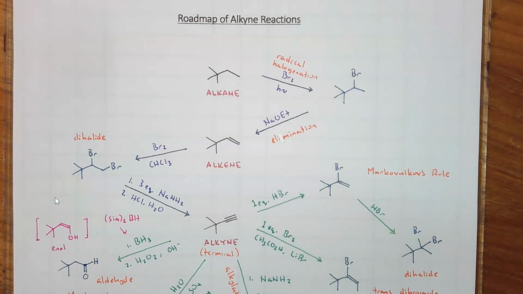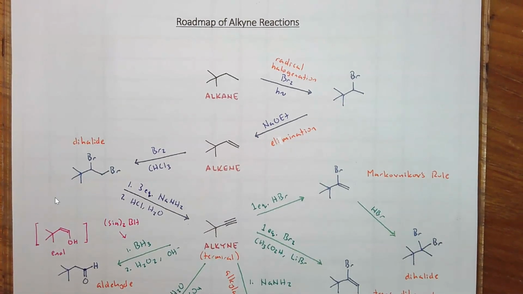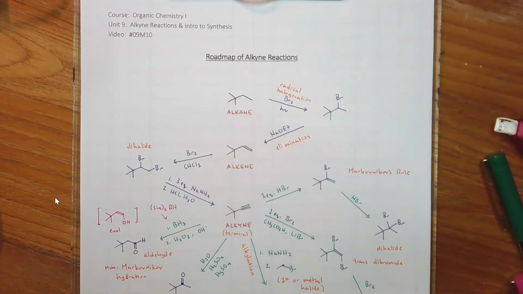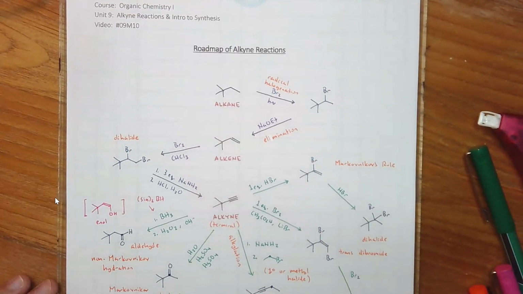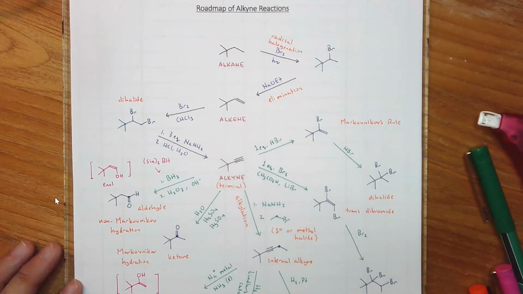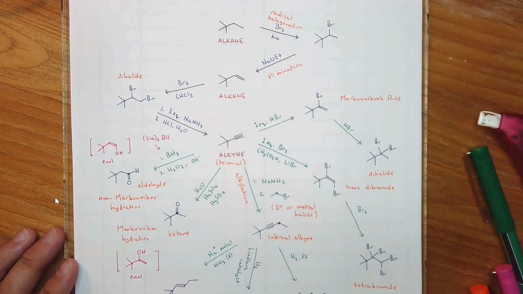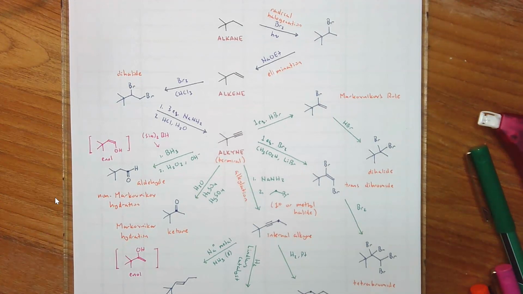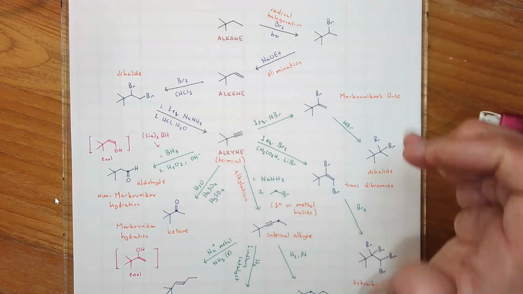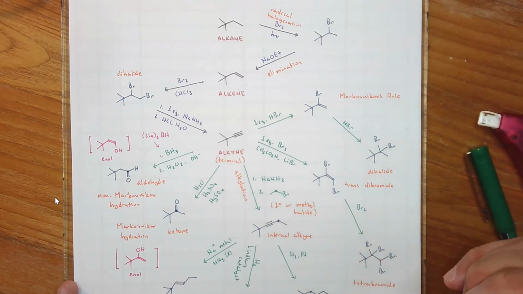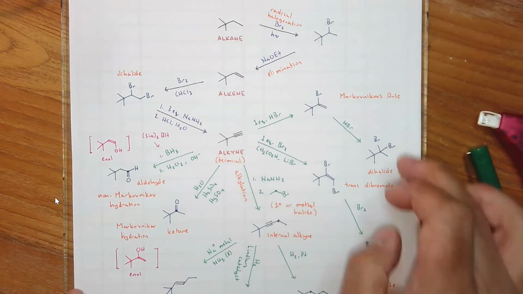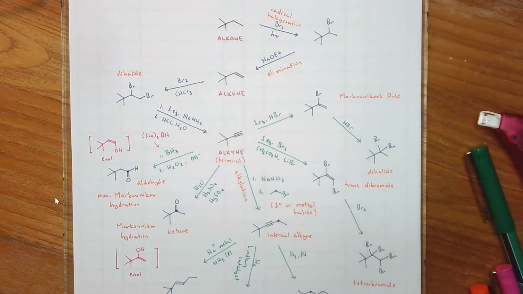Okay, one zoom out, and then I'll let you all go. So I do provide a roadmap of the alkyne reactions, but I highly suggest that you make your own roadmap. Maybe you could arrange the cities a little bit better. Maybe you could put your own notes as you go through the lectures, any other notes that you want to add.